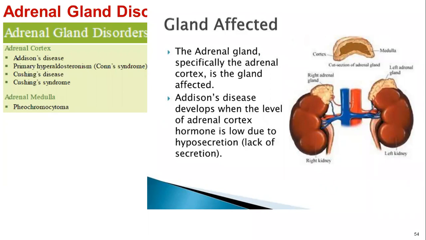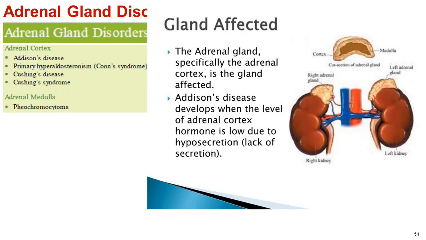So when adrenal cortex secretion is down, reduced or inadequate, or when aldosterone, cortisol, or sex hormone decrease, Addison disease develops.